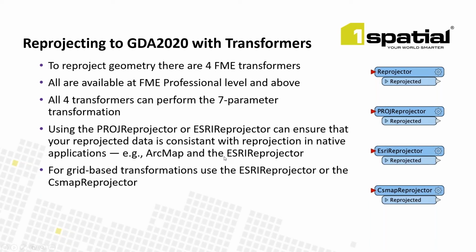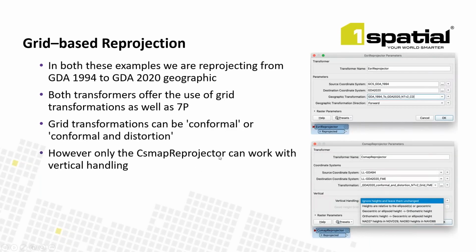So let's move on a page. There we go. So using the grid: the 2 transformers that we can use for a grid-based reprojection are the Esri Reprojector and the CS-MAP Reprojector. Both of them do exactly the same transformation for GDA2020.